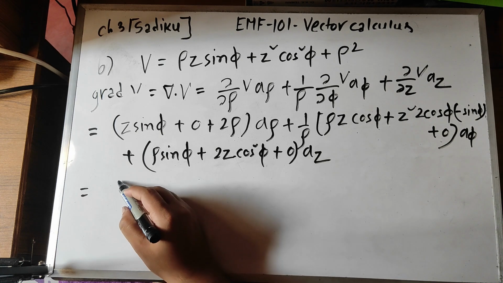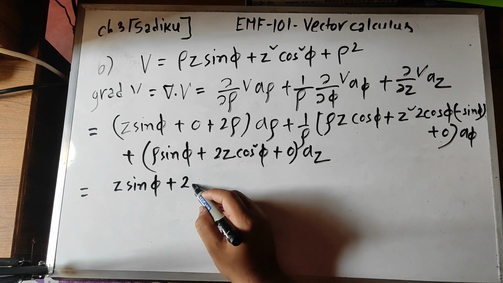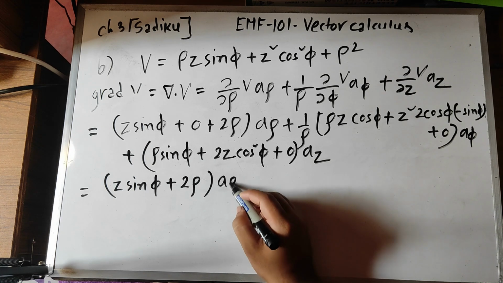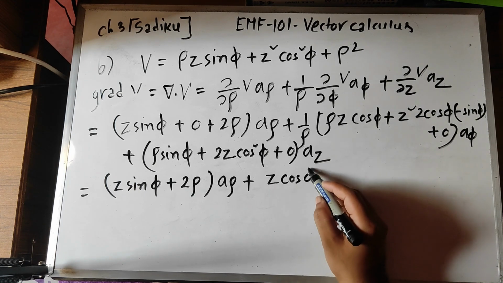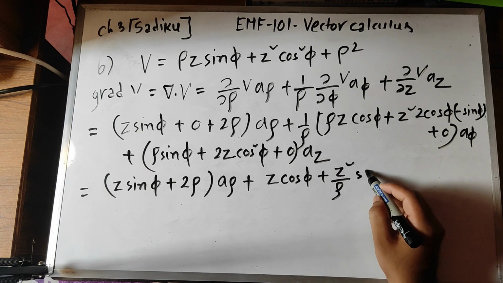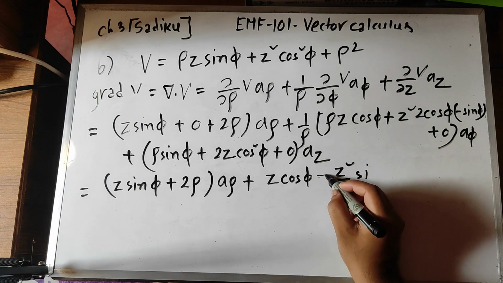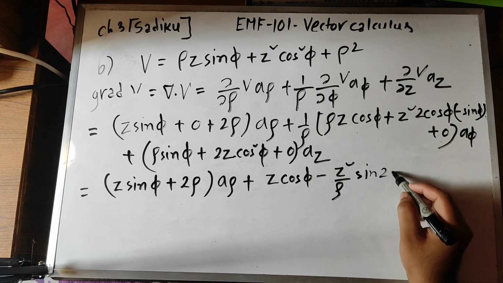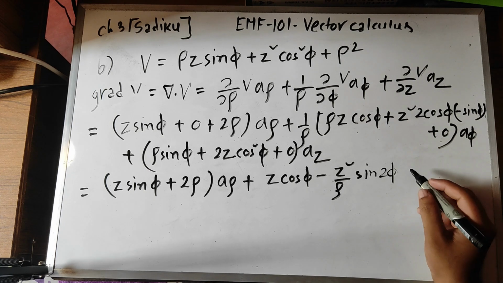This will give us z sine phi plus z sine phi plus 2 rho in the direction a rho, plus z cos phi minus z square by rho sine 2 phi. So we know that 2 cos phi sine phi is sine 2 phi.